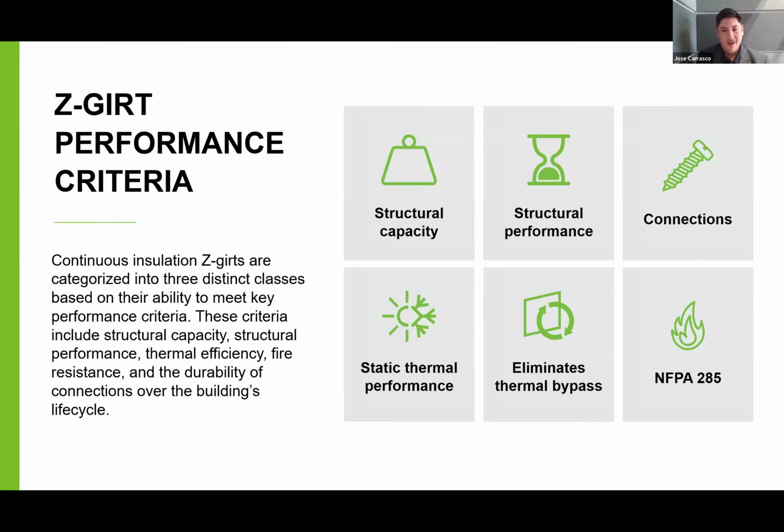If you can eliminate thermal bridging, which is your number one killer of energy efficiency, you may still have issues with thermal bypass if those aren't addressed as well. And then lastly, if there is any sort of catastrophic event facing the building itself, how well will it withstand and hold its intended structure throughout that event?